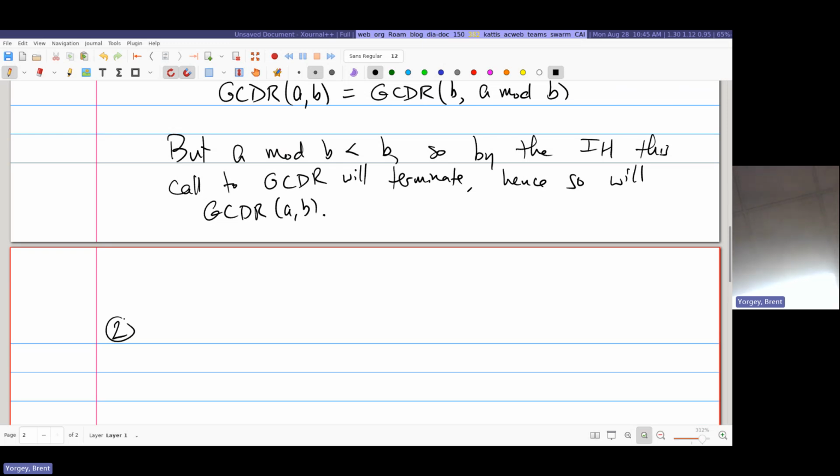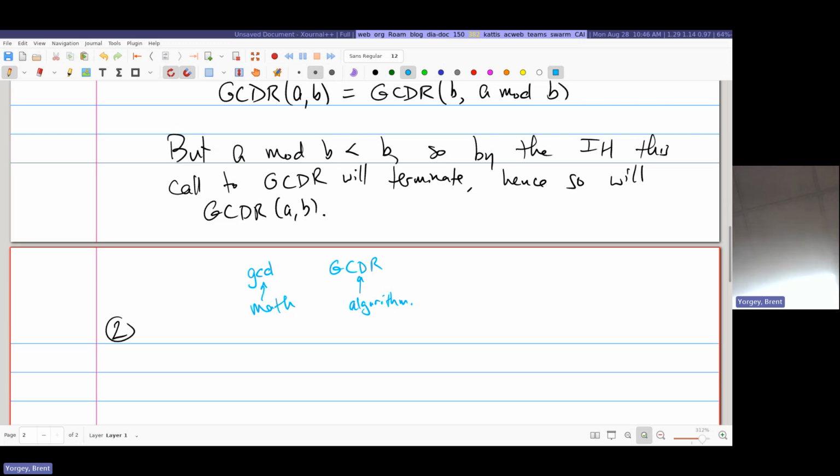Lowercase gcd is the math version. And when I write something like capital GCDR, this is a particular algorithm which we hope computes the same thing as the math gcd. That's what we mean by correct.